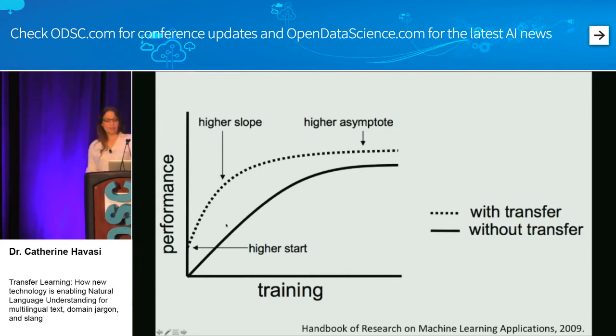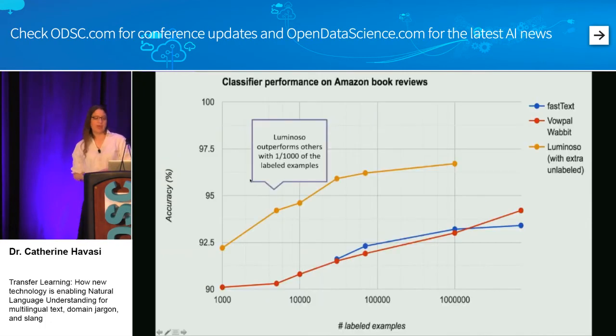So this is a real world example of that graph. This is a really simple task of Amazon book review classification and prediction of ratings. The bottom two are fastText with different data sizes and RoBERTa. The top one is what my company does. We do natural language understanding with transfer learning into domains for customer service optimization and automation.